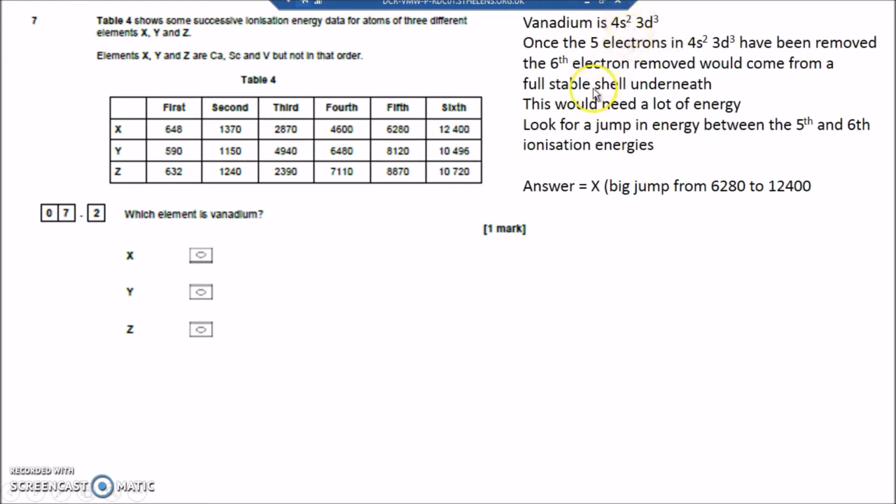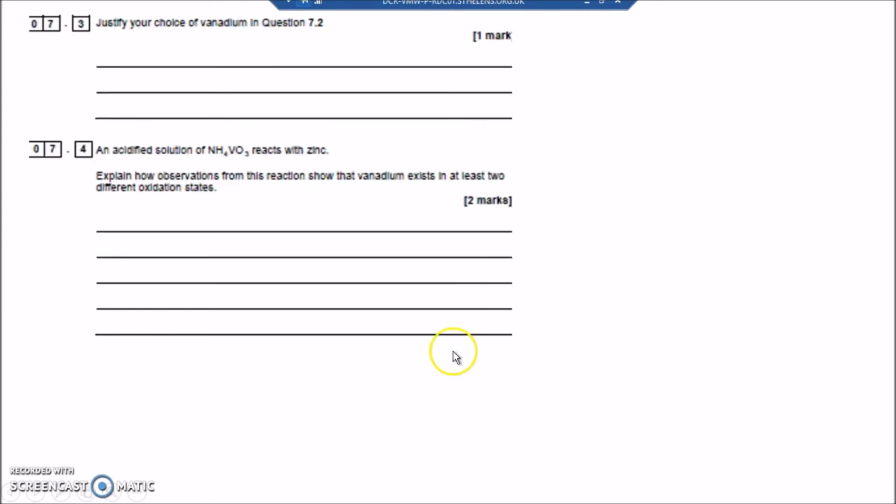So the first 5 electrons are increasingly difficult to remove, but the 6th electron coming from a full subshell underneath is going to be difficult to remove. Between the 5th and the 6th, 6280 to 12400 is a large jump. So the answer then is X.